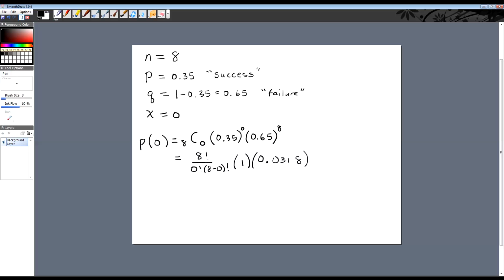So 8 factorial divided by 8 factorial is 1. So the probability here is 0.0318, or about 3.2% probability.